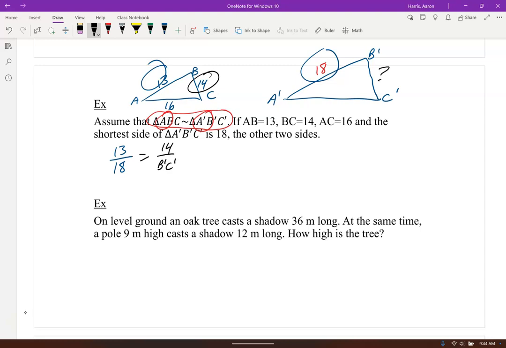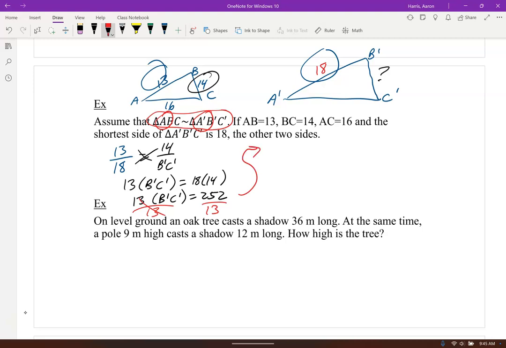So what we do is we cross multiply. 13 times B prime, C prime equals 18 times 14. Well, 18 times 14 gives me 252. And now all I got to do is divide by 13 on both sides.